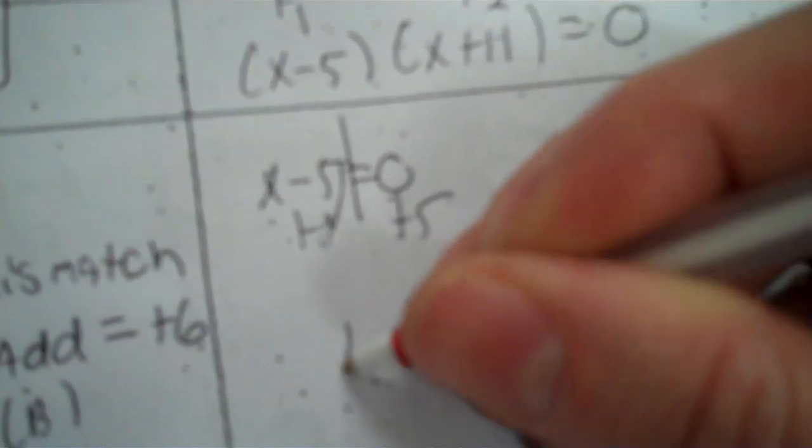Okay? So F1, F2. So x minus 5 could equal 0, or the x plus 11 factor could equal 0. So plus 5, that takes me to 5. Minus 11, that would be negative 11.